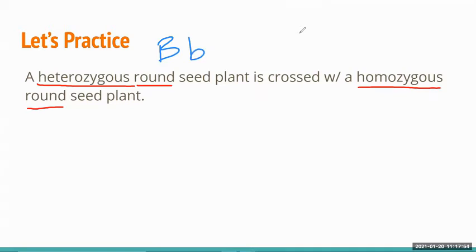So a heterozygous. Hetero, again, means different. So we know that this is going to have different alleles. So we're going to have one that's dominant and one that's recessive. Okay, when we see heterozygous, that should be your automatic thought. It also tells us that heterozygous is round.